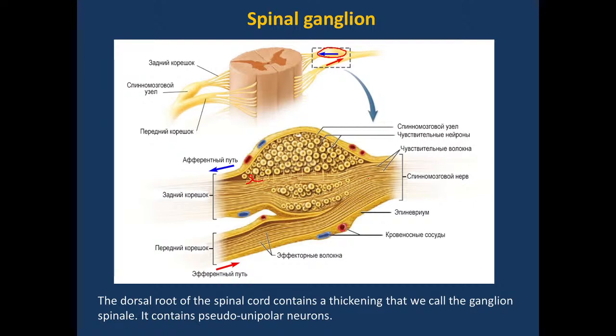They have a special shape. We call them pseudo-unipolar neurons, and they serve as the sensory first neuron for the reflex.